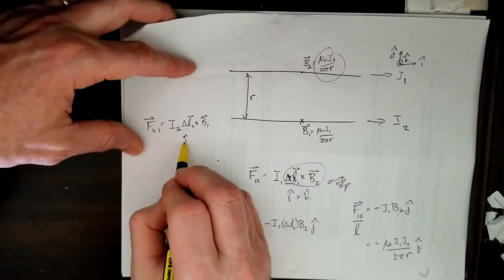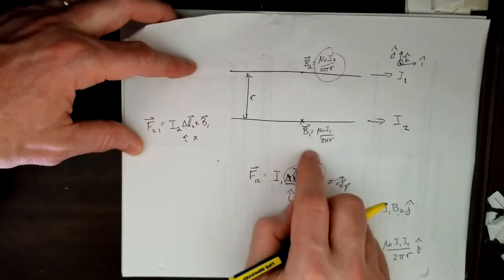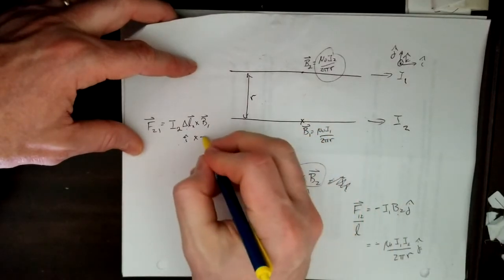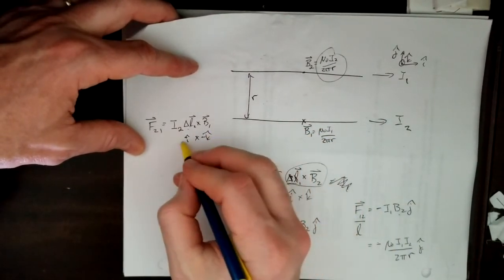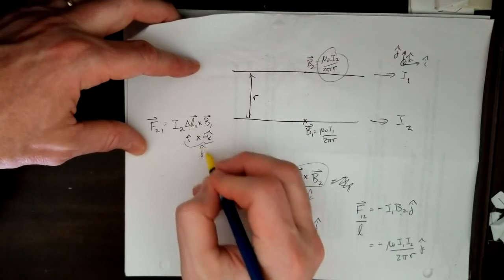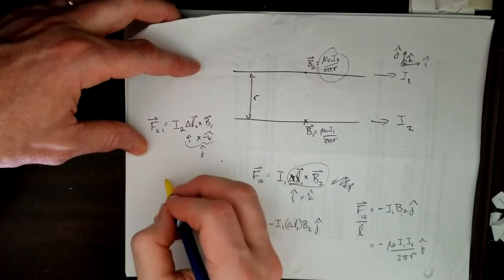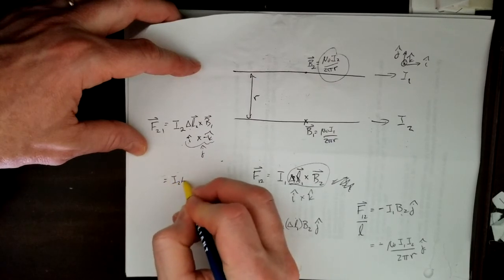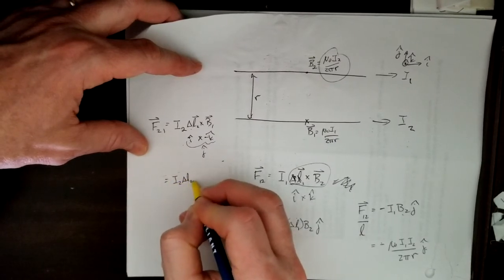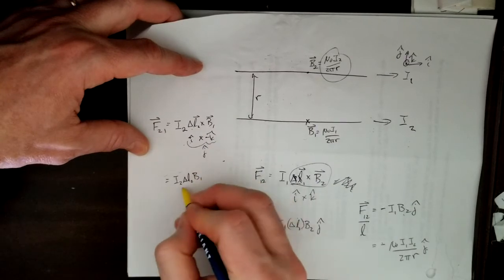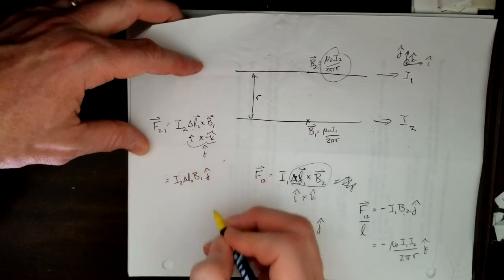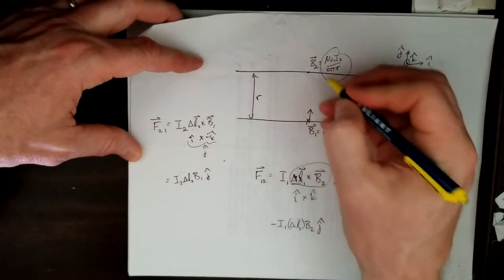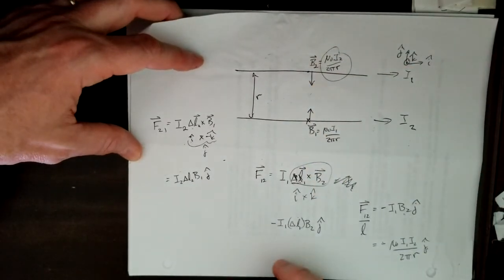I have I hat cross B1, which is going into the page, so that's negative K hat. So that is J hat. So this becomes I2 delta L B1 J hat. So it is forced up, and that one is forced down.